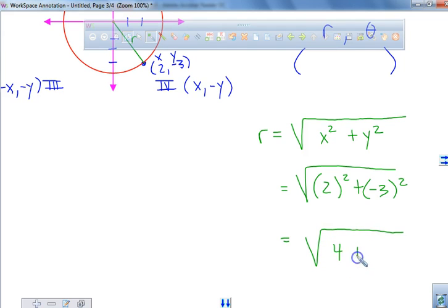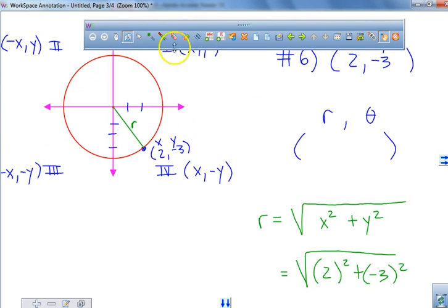You get 4 and 9, which gives you radical 13. That is the distance from here to right there. Your r value is the square root of 13.